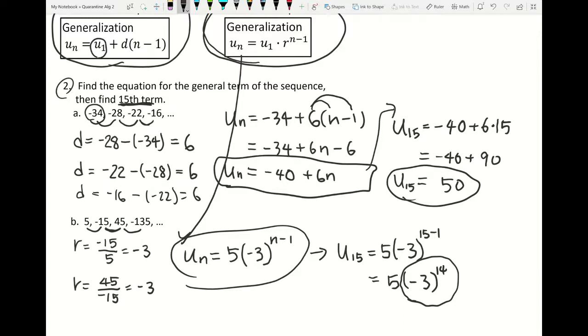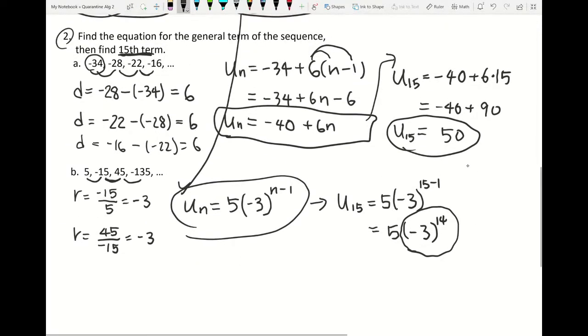Otherwise, there's a potential of getting the wrong answer. So it's parentheses, negative 3, close that, to the 14th power. And what do we get? You get a huge number, and then multiply that by 5. Okay, so this is a big number. U sub 15 is 23,914,845.